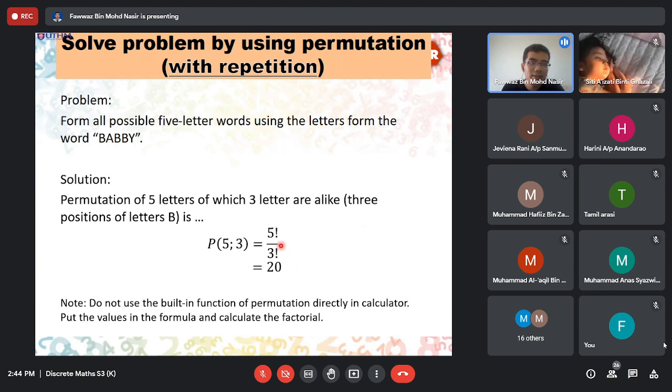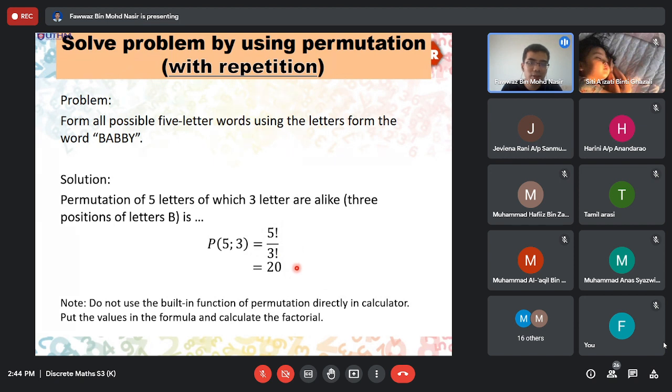Okay, in this case korang kena berhati-hati kalau dalam case-case yang di mana dia punya elements dia repeated in the set, korang tak boleh directly use korang punya calculator ni. Korang kena substitute nilai dalam function ni dulu. Okay, contohnya case ni kita dapat dulu 5 factorial divided by 3 factorial. Only then you can use your calculator if you want to use.